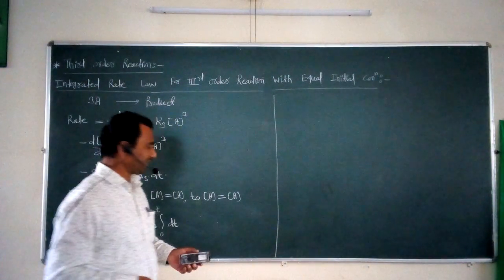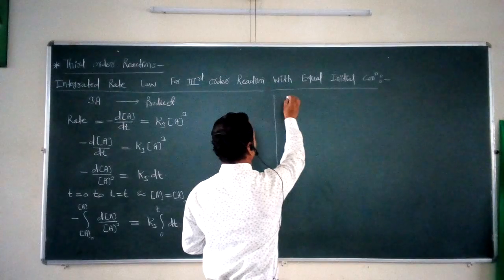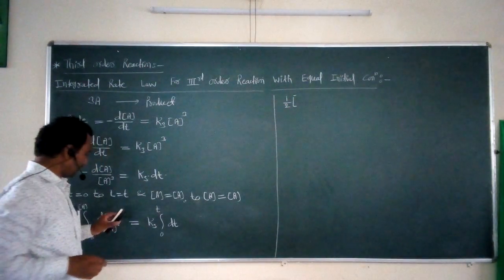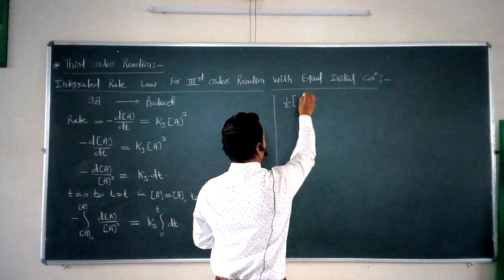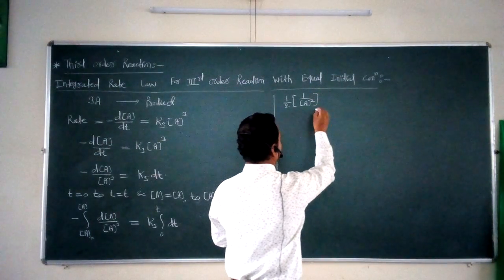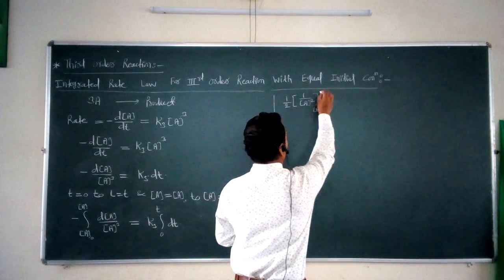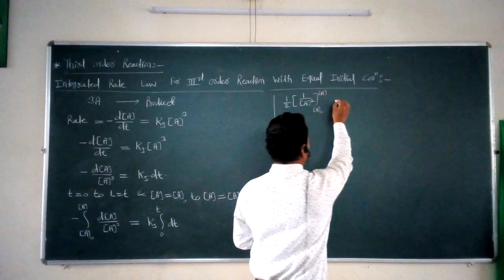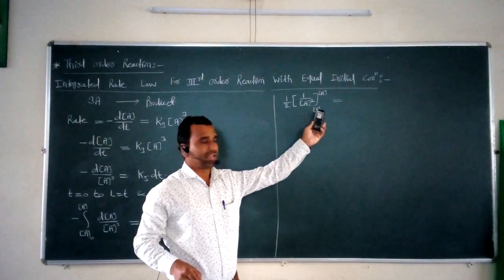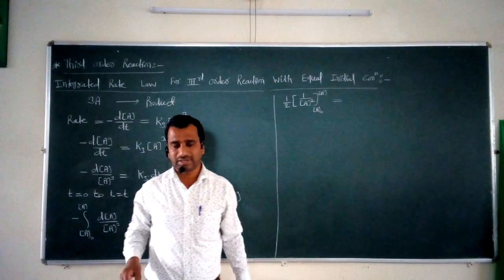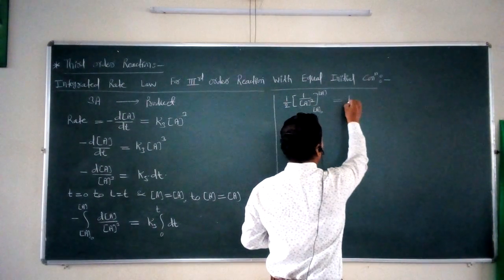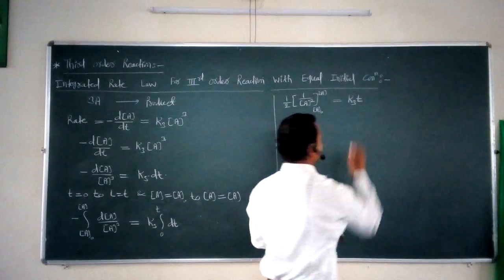Now in the next step, you may write 1 by 2, 1 upon concentration of A squared, between these limits A0 to concentration of A, is equal to K3 into t, where small t is the time.